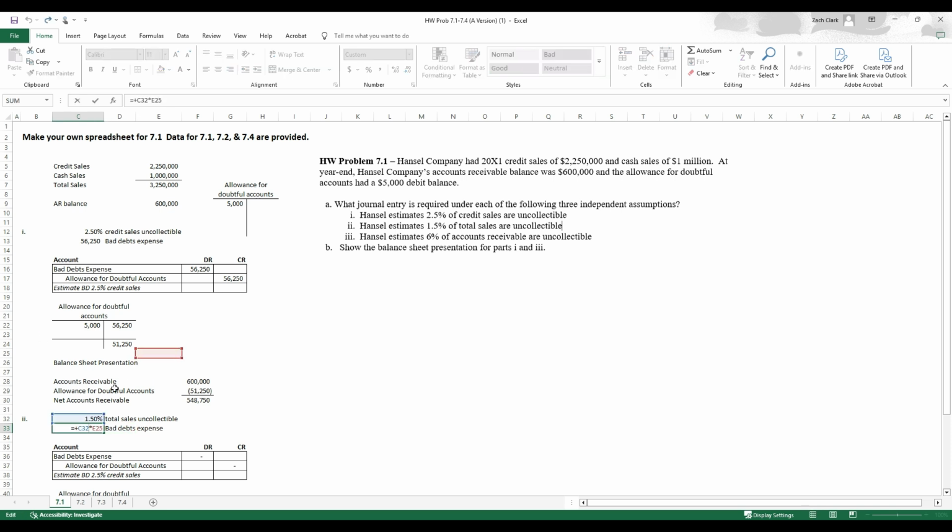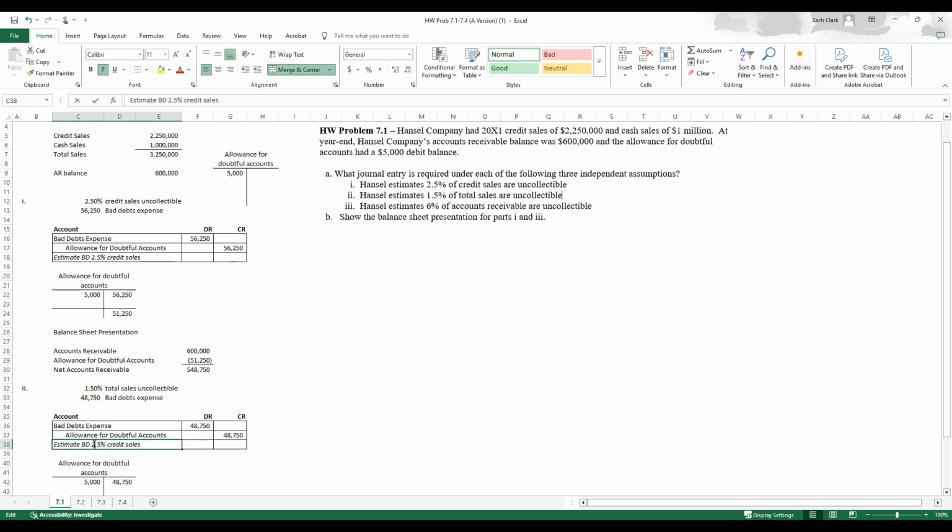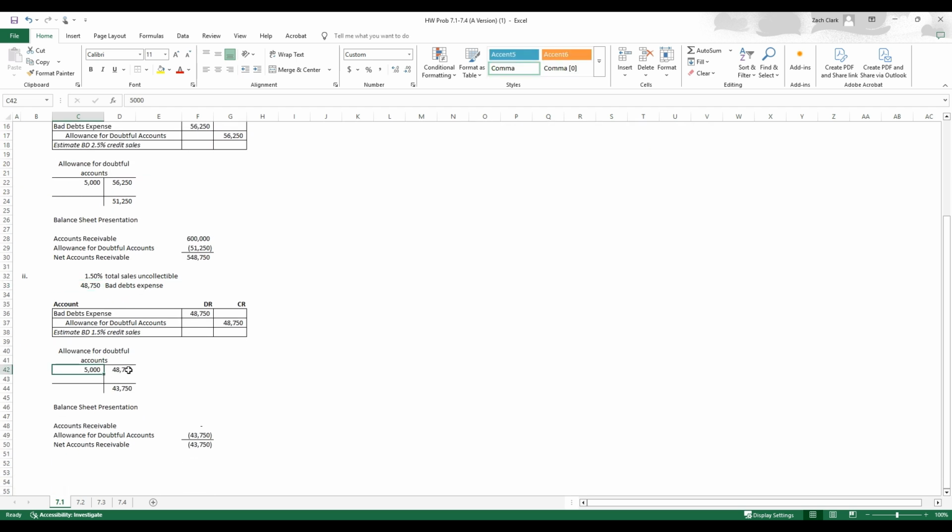And so in this instance, we're going to take 1.5% times total sales, and that gives us 48,750. And let's see, we'll just update our explanation. And you can see how nice copying and pasting this stuff is, because it puts everything together quickly and basically sets things up for us.